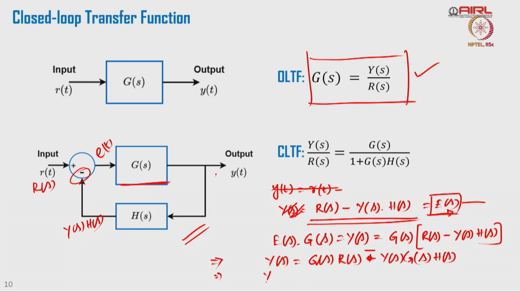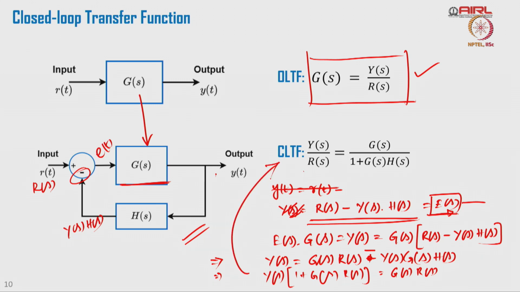So, when we take it this side, it becomes Y(s) into 1 plus G(s)H(s) equal to G(s)R(s). What is G(s)? G(s) is the open loop control system, but we have now closed the loop. So, now when we see the transfer function, it becomes Y(s) by R(s).